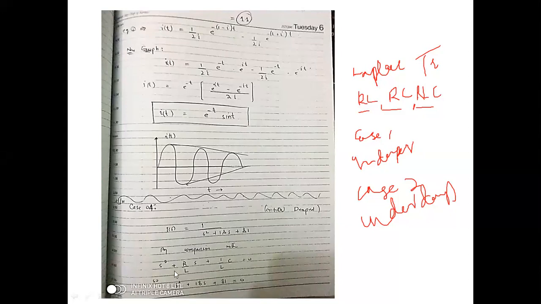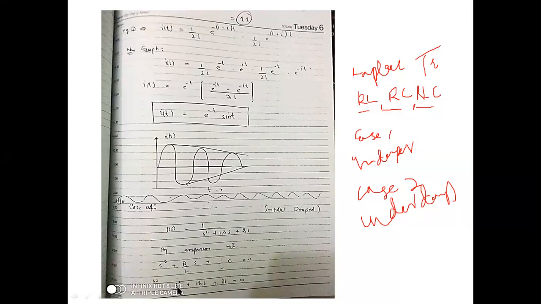By comparing it with the general equation, that is s square plus R over L s plus 1 over LC is equal to 0, the denominator of this given equation is s square plus 18s plus 81.